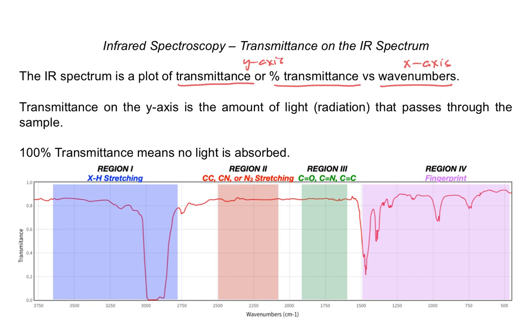So region 1 were the functional groups with XH, so CH, OH, NH. Region 2, triple bonds, so alkynes, nitriles. N3 was azide.